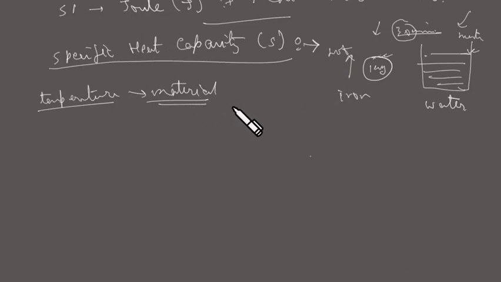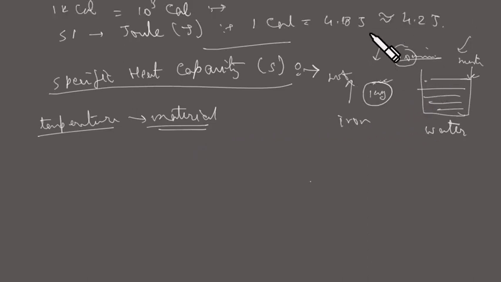The factor on which this change in temperature depends is called the specific heat or specific heat capacity, and it is defined as the amount of heat required to raise the temperature of unit mass of a body by unit degree.